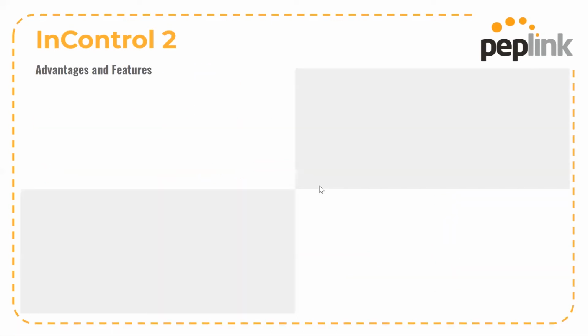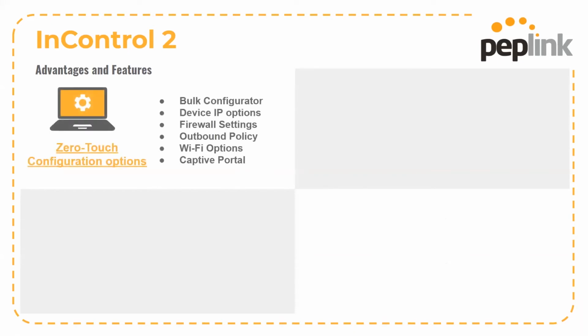So what does IC2 offer in terms of its services? Pay attention because you will be asked during the test. It allows zero-touch configurations such as bulk configurator, setting device IP options, subnets, IP address, etc. Firewall settings, setting up, disabling, enabling outbound policy, enabling, disabling Wi-Fi, setting SSIDs, etc. Enabling, disabling, updating captive portal.